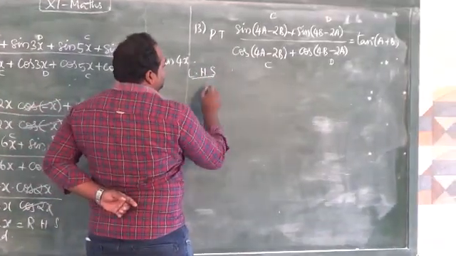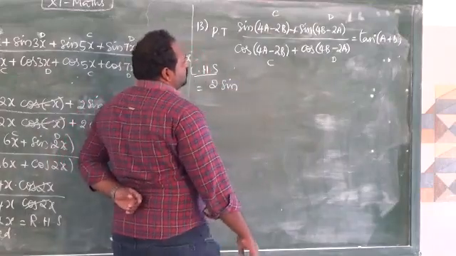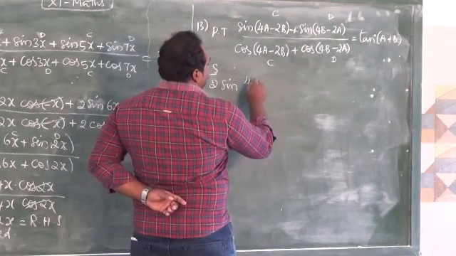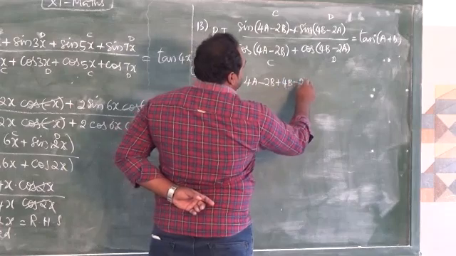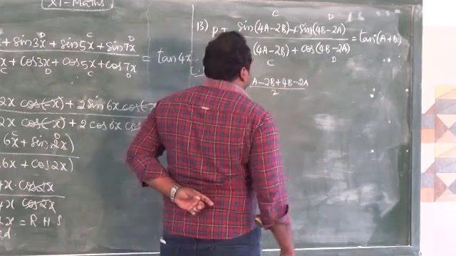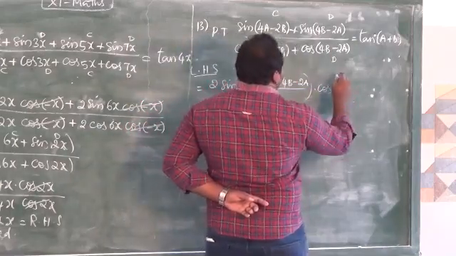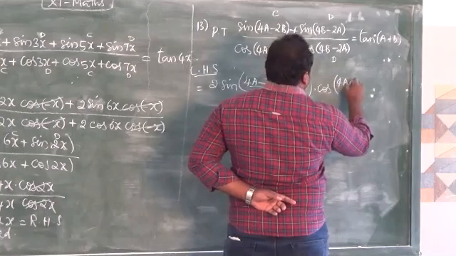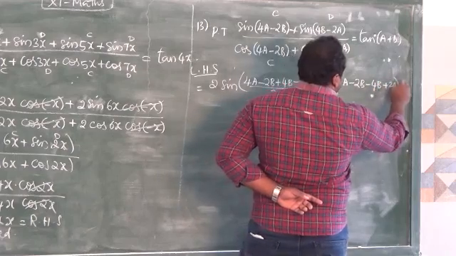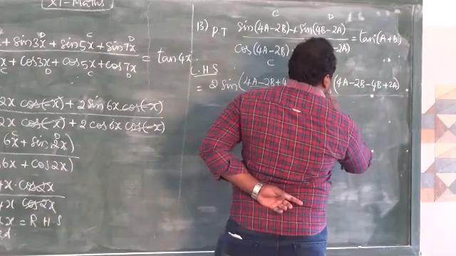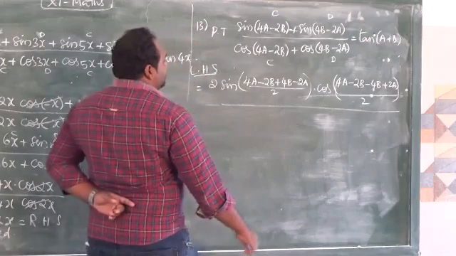So here on the LHS side, 2 sin (C plus D)/2. What is C? (4a minus 2b plus 4b minus 2a) by 2, into cos (C minus D)/2, (4a minus 2b minus 4b plus 2a) by 2, divided by the denominator.